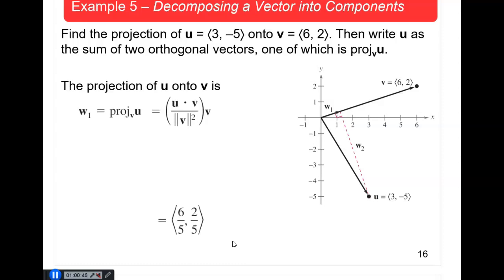So let's see how this works. We have here two vectors, vector u, which is here, and we have another vector, we call it v, and that one is here. If you look at the angle in between them, you could see that it is not a 90-degree angle, and so that tells me that the vectors are not orthogonal, and we want them to be orthogonal.